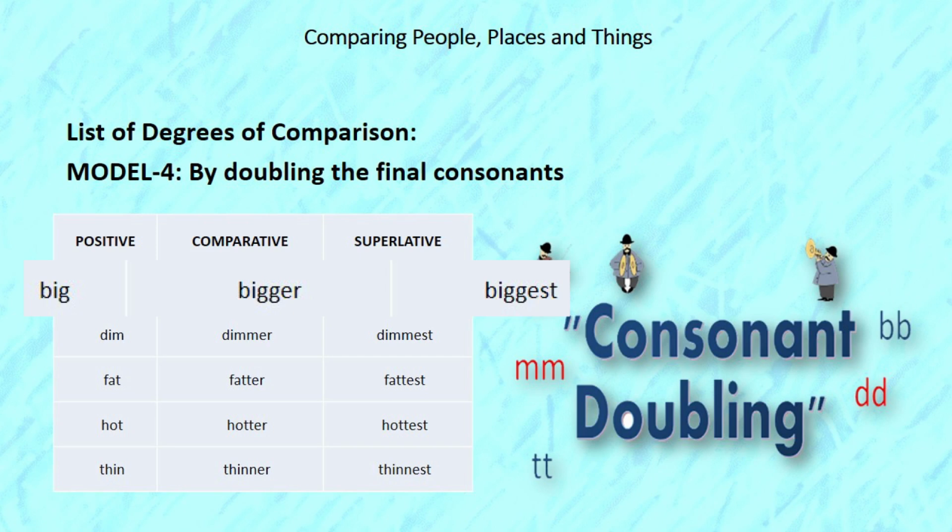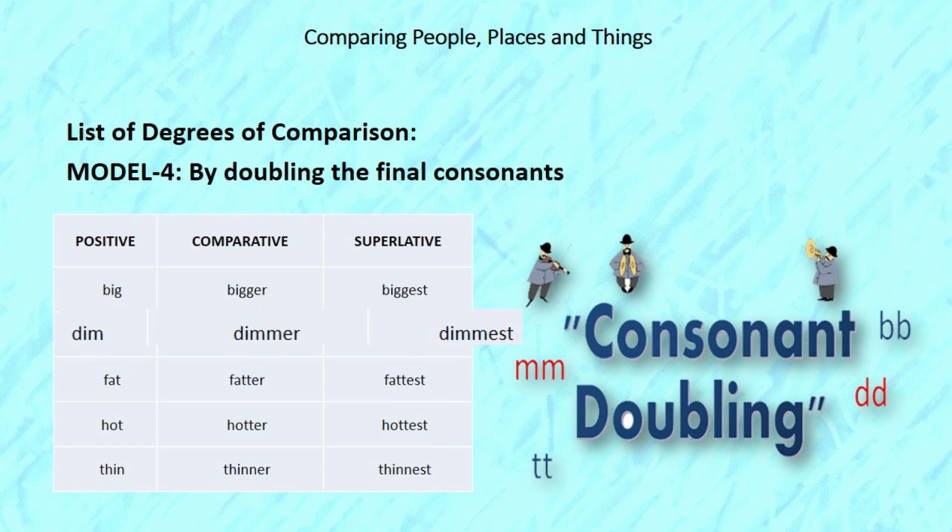In the superlative form, big becomes biggest with the usage of 2 G's with the addition of EST. Dim becomes dimmer with the usage of double M and an addition of ER. It becomes dimmest in the superlative form with the usage of double M with the addition of EST.